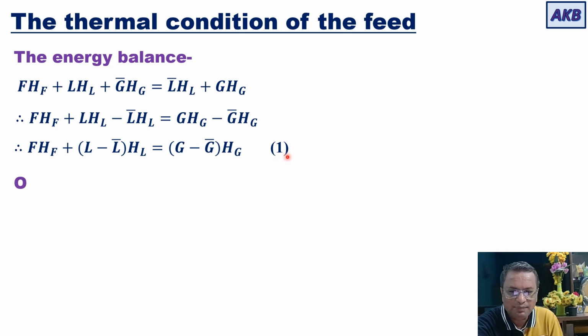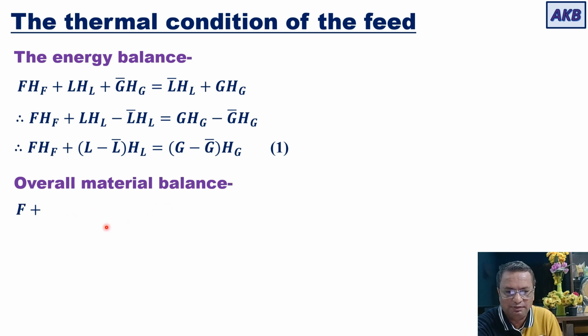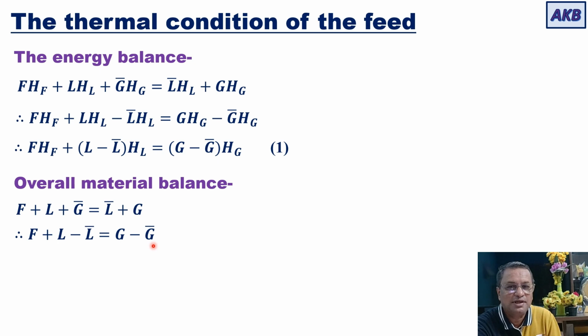Now, the overall material balance that was written previously is F plus L plus G bar is equal to L bar plus G. Now, I will rearrange this equation. I will bring this G bar on this side and this L bar on this side. So this will be F plus L minus L bar is equal to G minus G bar.